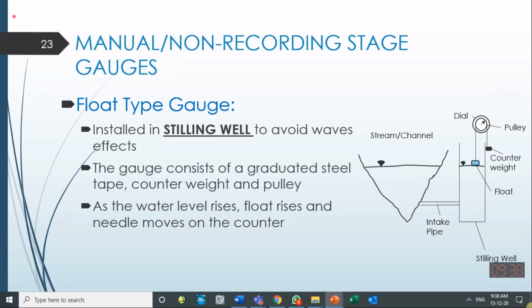But the benefit is that the fluctuations which we can see in the channel, and the debris which can affect the channel, will not come into this stilling well. So we will have relatively calm water in the stilling well, and we can observe the water level within this stilling well. Observation can be either through a float gauge or through a simple staff gauge. The method of observation can be different, but these stilling wells are frequently used.